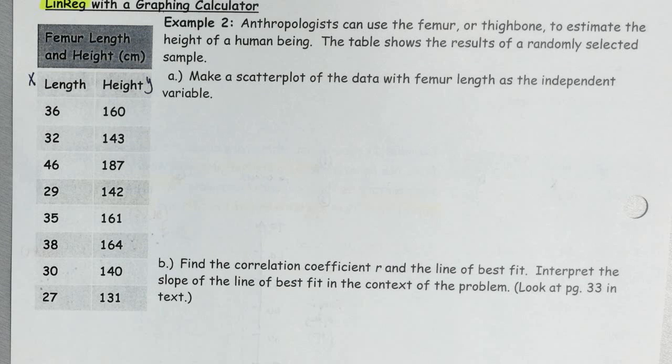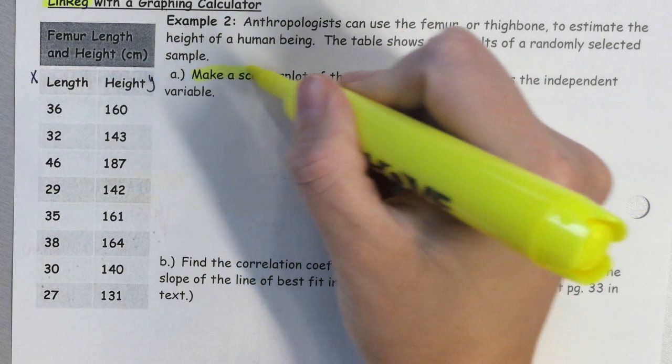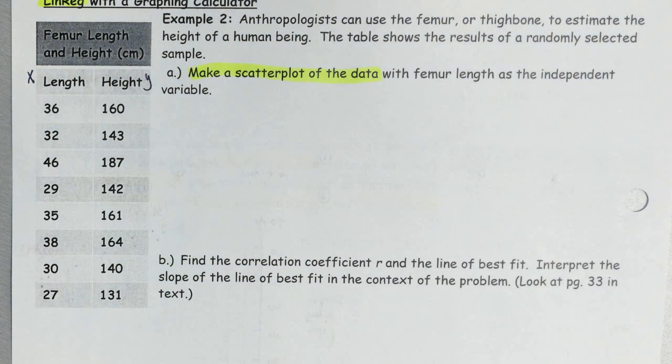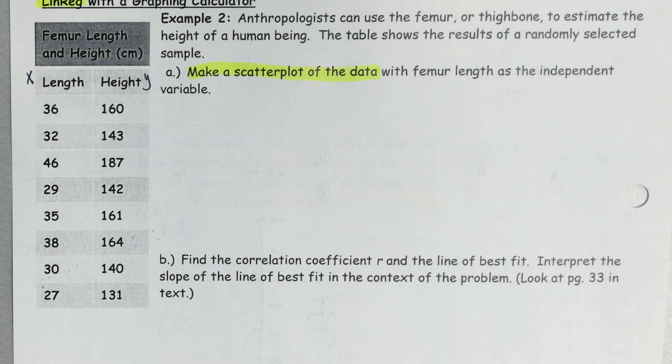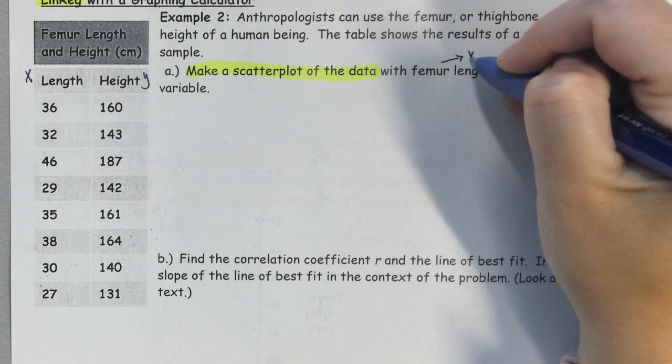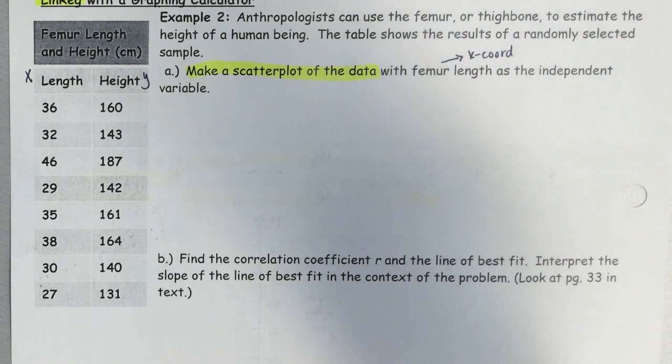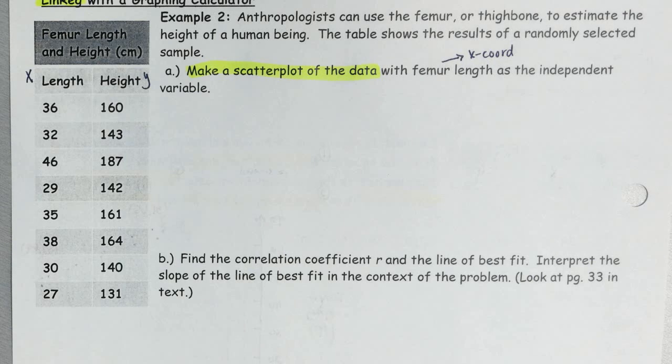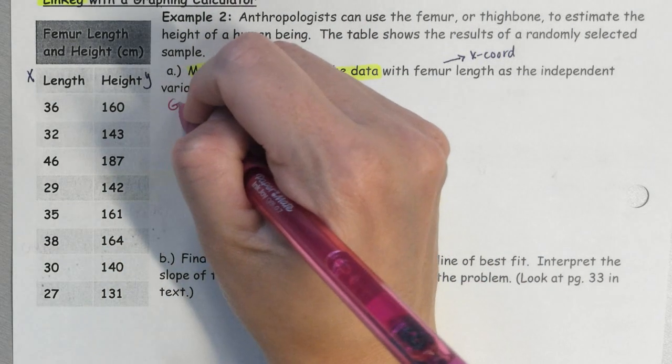All right, so making a scatter plot of the data, and then the femur length is the independent variable. So that just means that's our x-coordinate. All right, so we're going to do things on the graphing calculator. I'm also going to write down the directions for you so that you can replicate this.